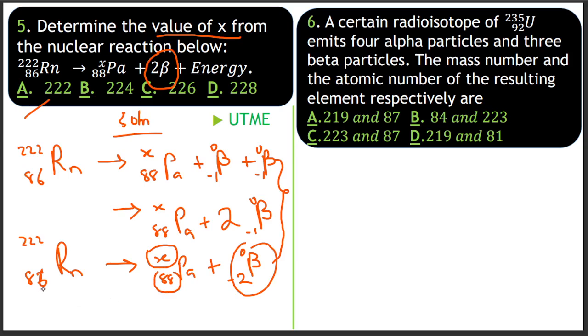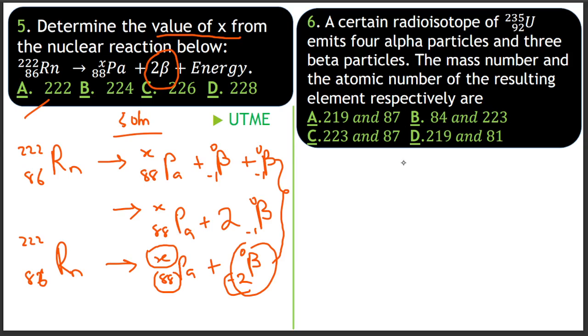So, of course, what will it be? It's already 88. Of course, did you notice that we said the proton number of the daughter element will increase if a beta particle is emitted? All right, I think that's all I can say. The answer is 222.